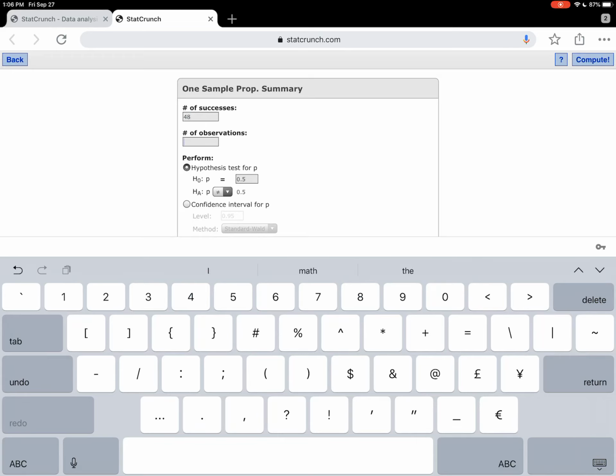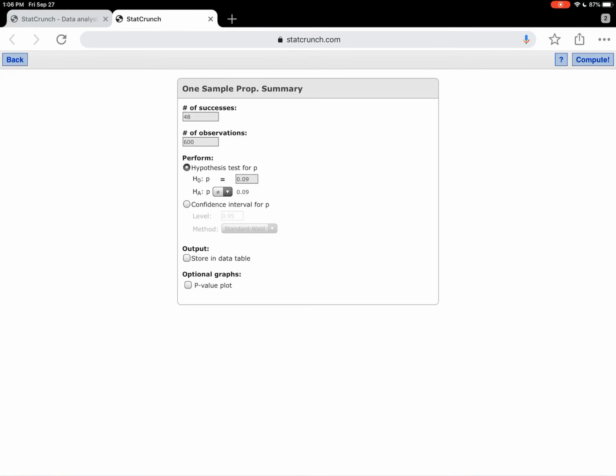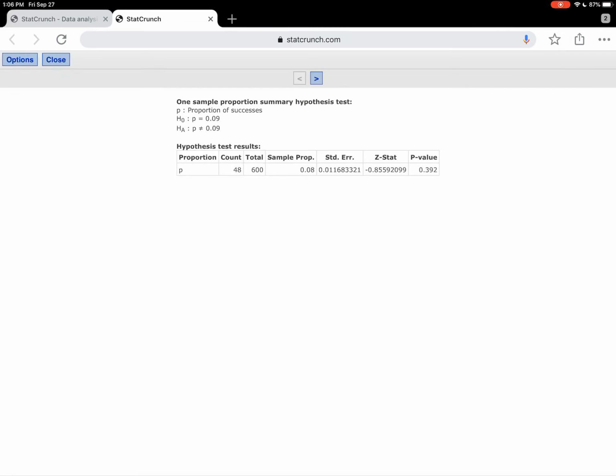Successes, observations, change my hypothesis statements. So we have, it used to be 0.09, and we want to know, is it different from that now? Again, we can plot that if we want to, compute it.